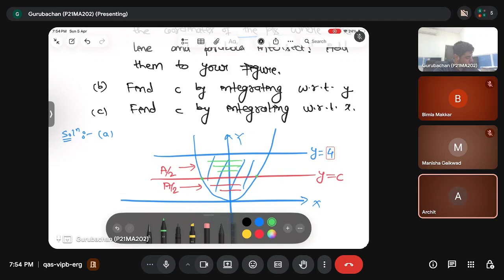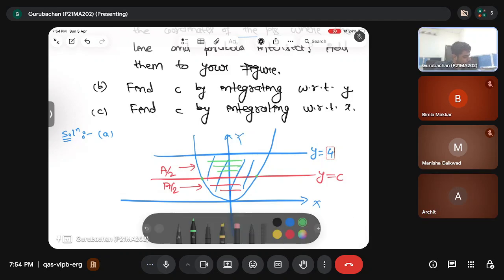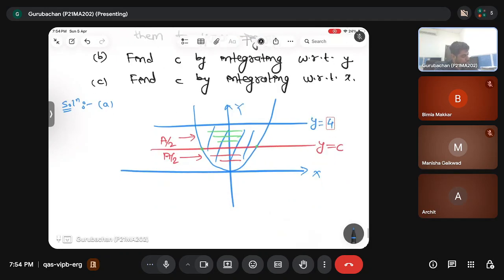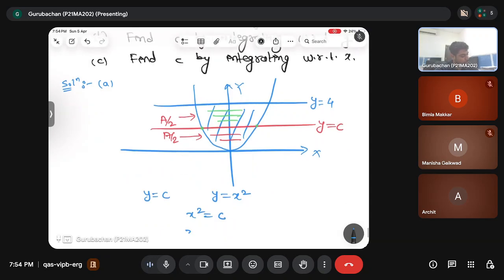Good. So how are we getting it? Obviously y equal to c and the curve is y equal to x square. So x square is equal to c for the intersection point. So x will be plus minus under root c. So this point will be root c comma c, and this point will be minus under root c comma c.